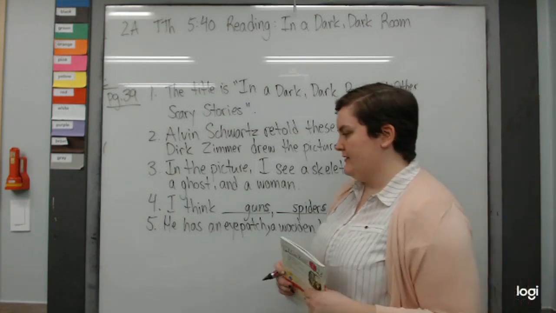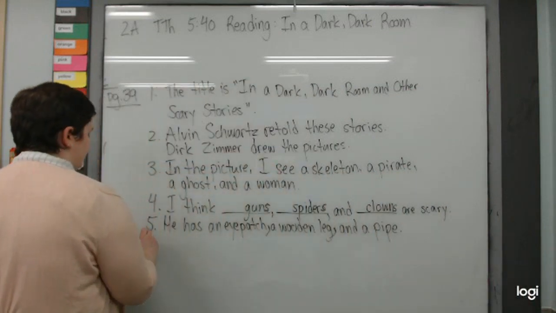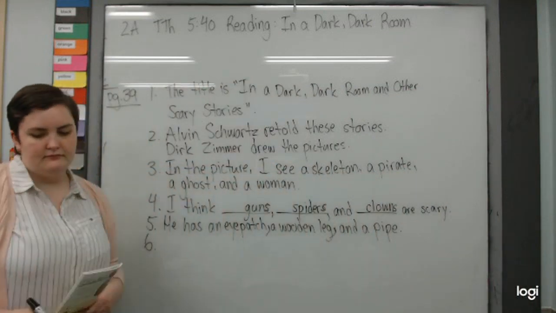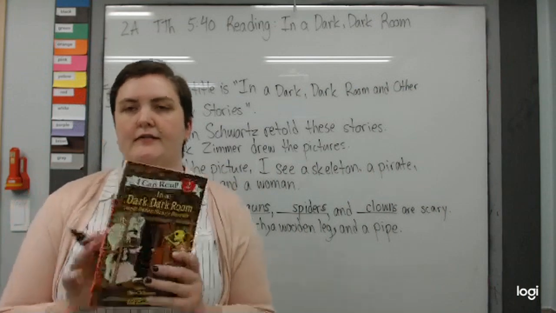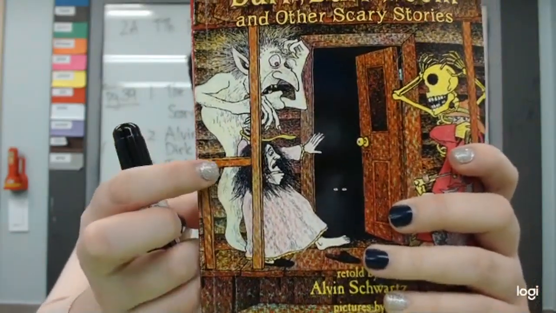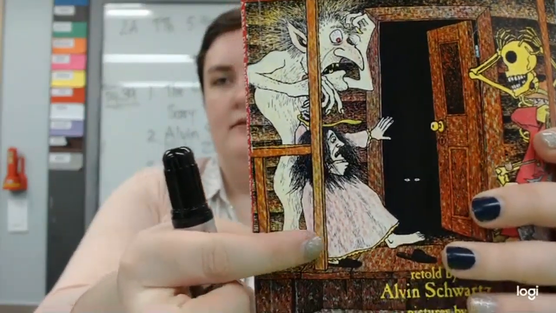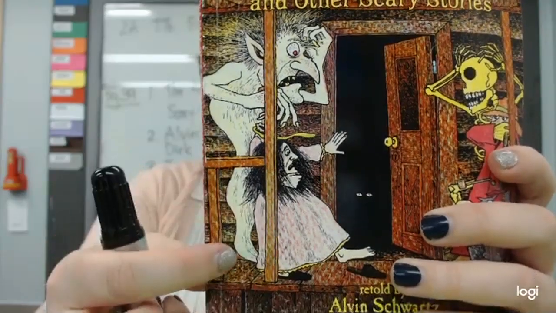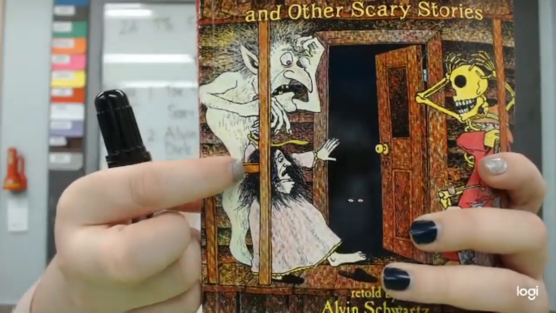And next is number 6. Describe the woman. So, one more time, let's look really close. So, we can see the woman is in, maybe it looks like a pajama dress, and she is holding her head. Crazy, right?